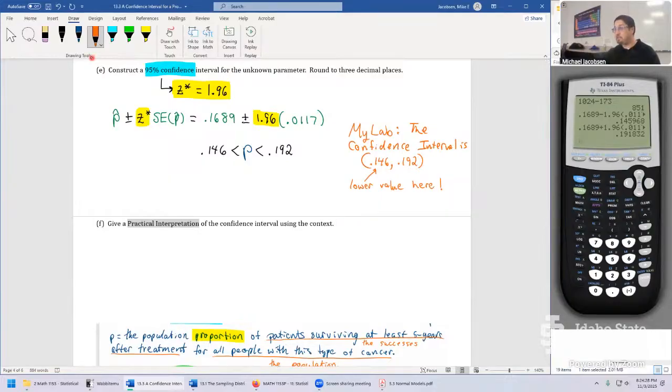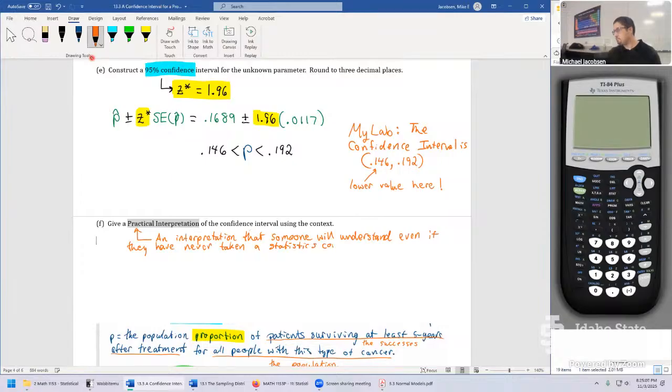A practical interpretation is meant to be an interpretation that someone will understand even if they have never taken a statistics course. So this was what makes it practical.